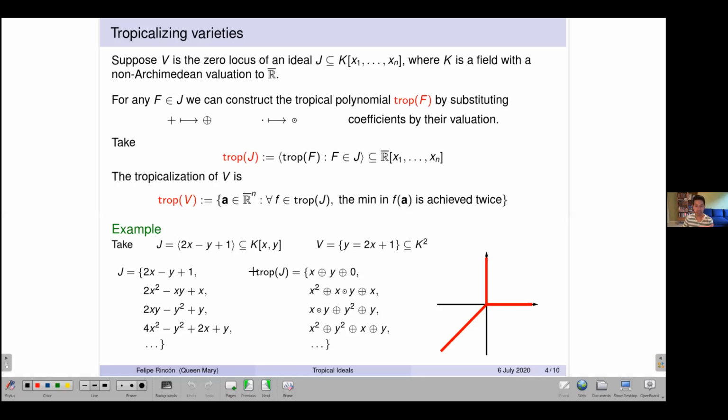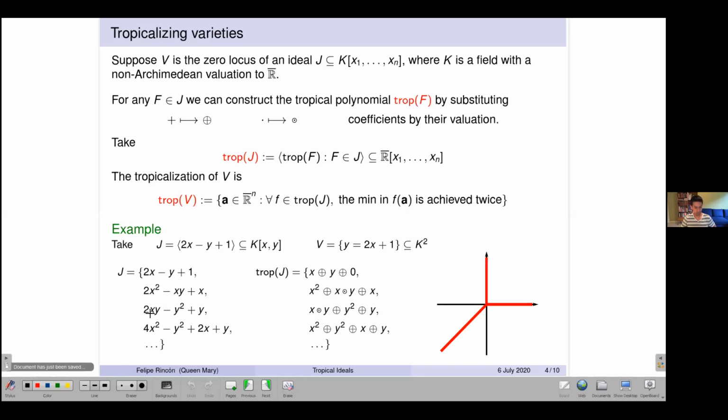So how would we tropicalize this line using this procedure that I described here? What you do is you start with your classical ideal J, which consists of infinitely many polynomials, all the multiples of 2x minus y plus 1. So for example, here is the generator. Here I wrote down x times that generator.